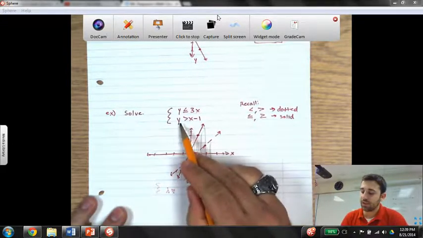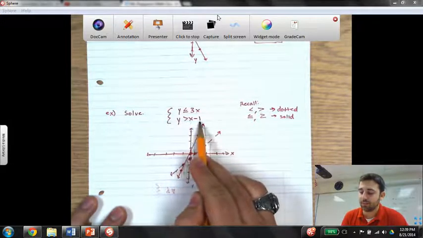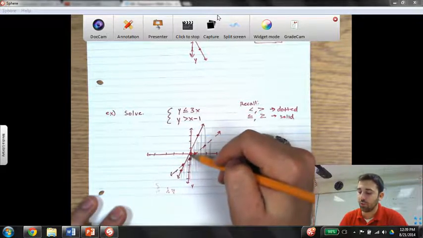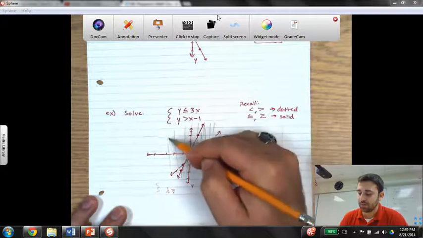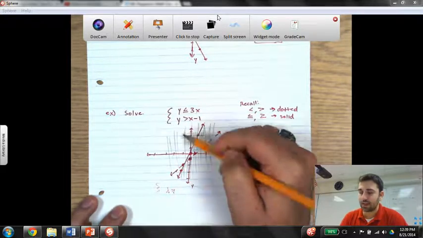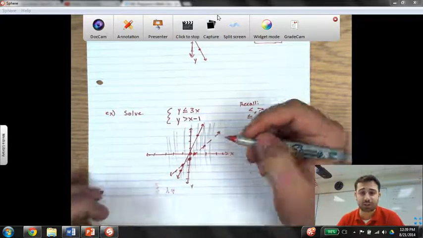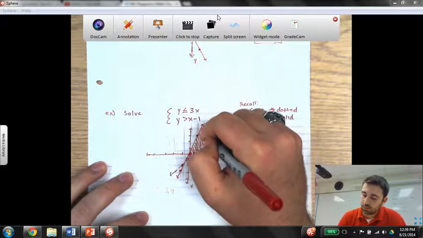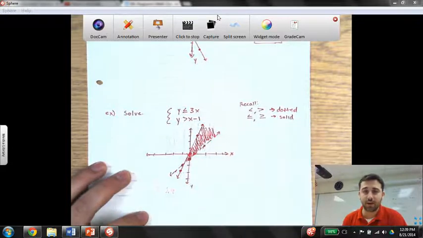For the next line, y greater than x minus 1, we see that the y values greater than our line need to be shaded. So for my dotted line, I'm shading above it. And then in a different, darker color, we want to shade in the overlap.